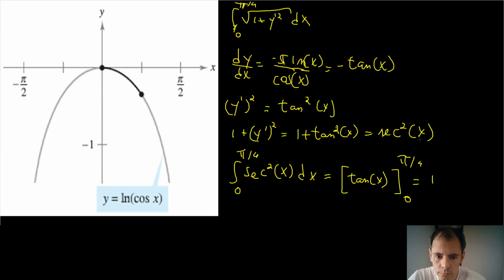Okay? Or, oh no, sorry. Because it's the square root of this, so it'll be the integral of secant squared. Okay, this is the secant squared, but you have to take the square root, so it'll be the integral of the secant.